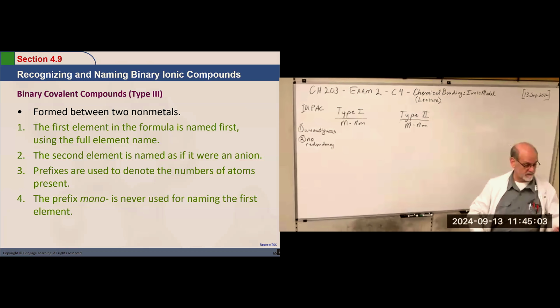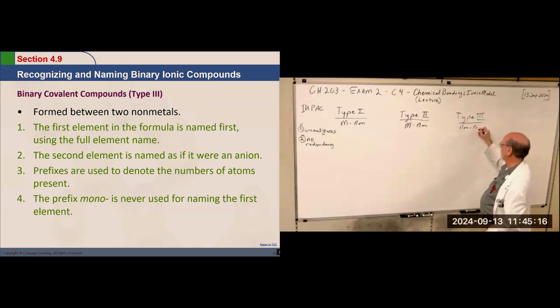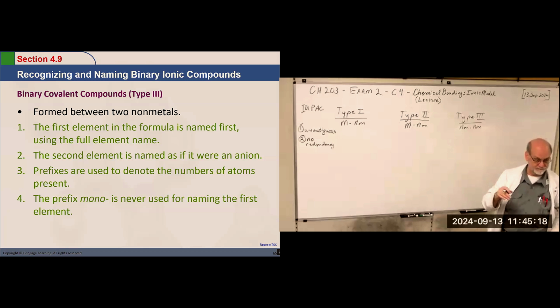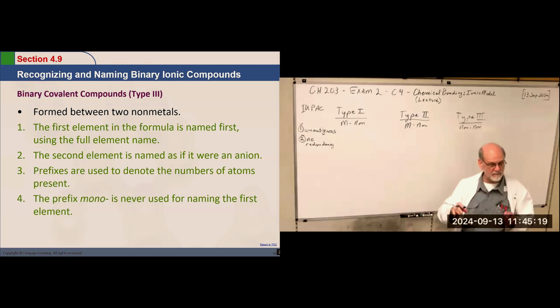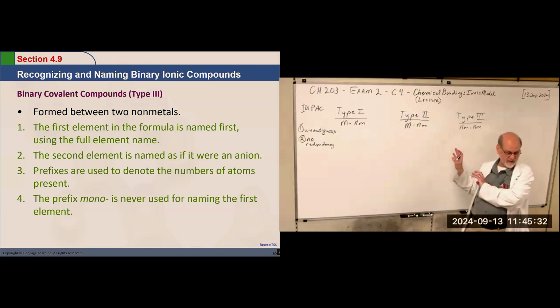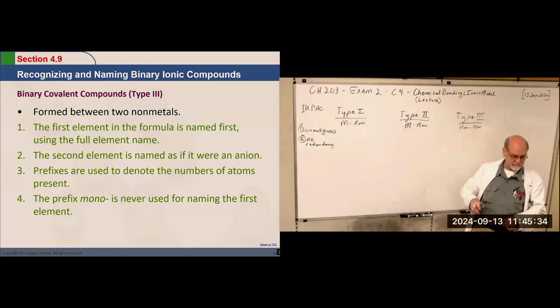The type 3s are composed of nonmetals, two nonmetals. We're still talking about binary compounds. Now, these are not ionic, they're covalent, but we're going to borrow from the type 1, type 2 and make slight changes for the type 3s.